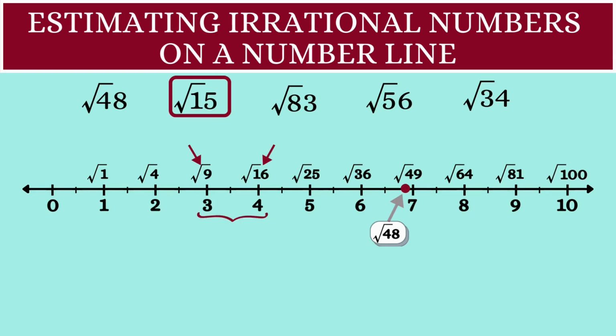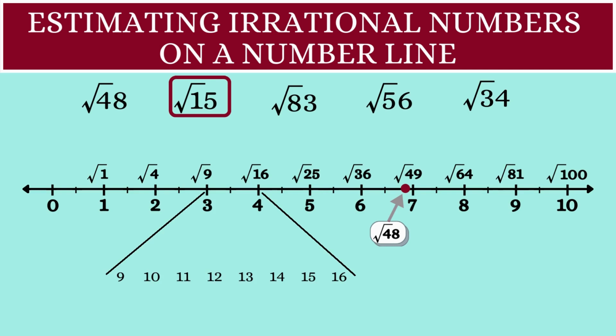Again, the numbers between 9 and 16 are shown here. We can find that 15 is closer to 16. So, square root of 15 should be closer to 4. So, let's plot it here.